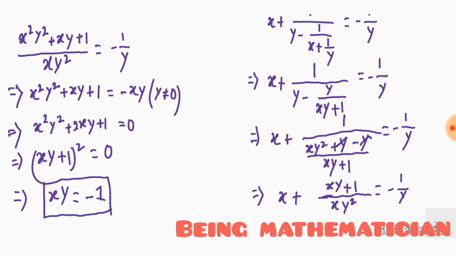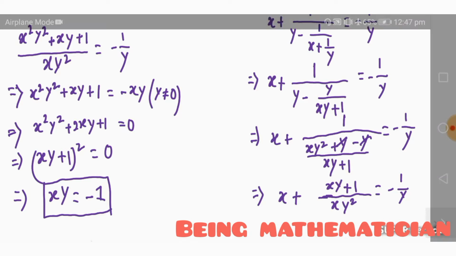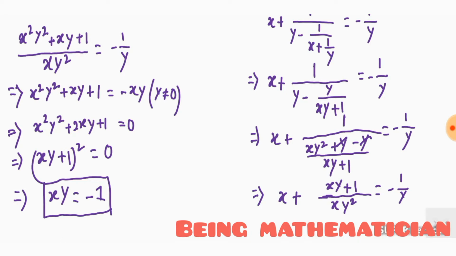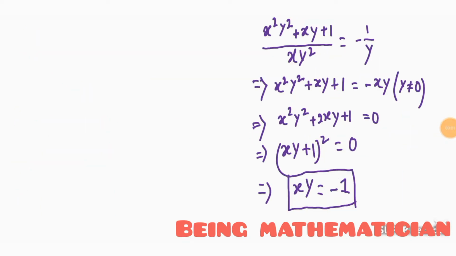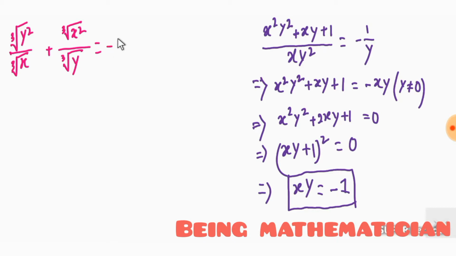Now move to the second expression of the sum. The second expression is cube root of y² divided by cube root of x plus cube root of x² divided by cube root of y is equal to minus 63 by 8.